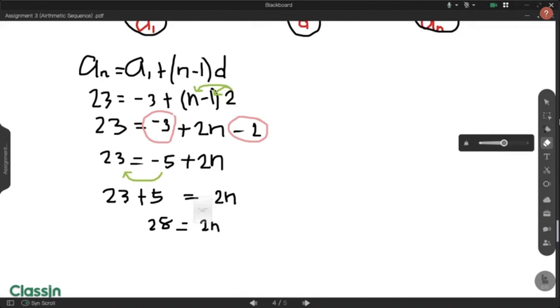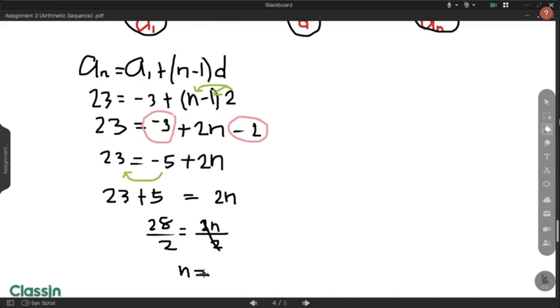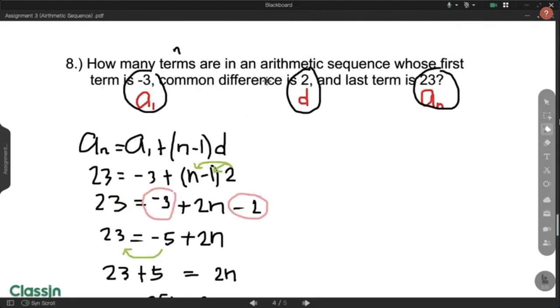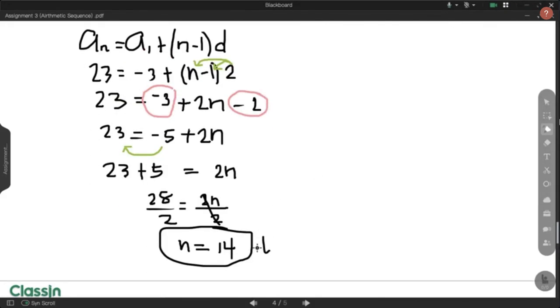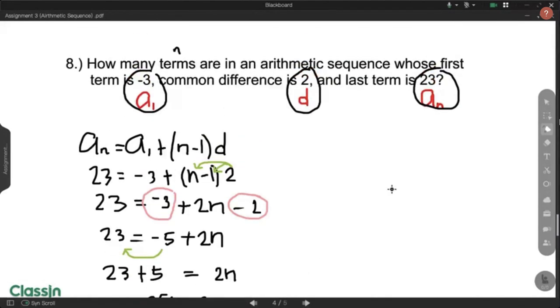We can divide both sides of the equation by 2. And so n is equal to 28 divided by 2 is 14. How many terms are there? There are 14 terms in the arithmetic sequence, his first term is negative 3, common difference is 2, and last term is 23.